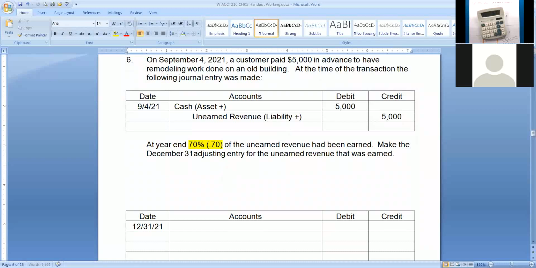Unearned revenue, $5,000 and 70% done equals 3,500. 5,000 times 0.7.